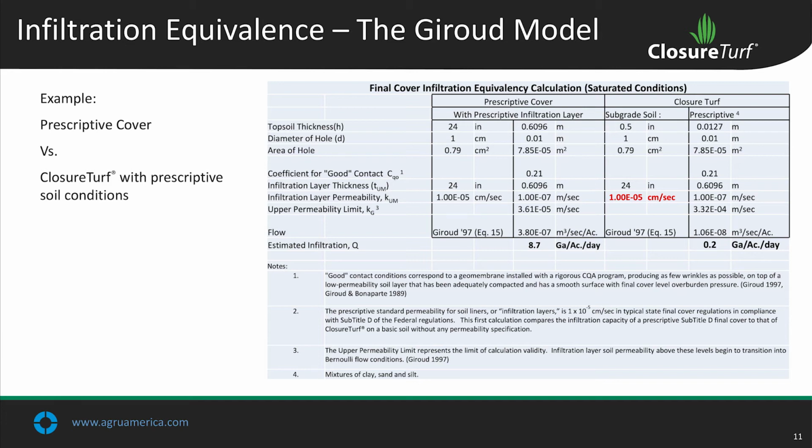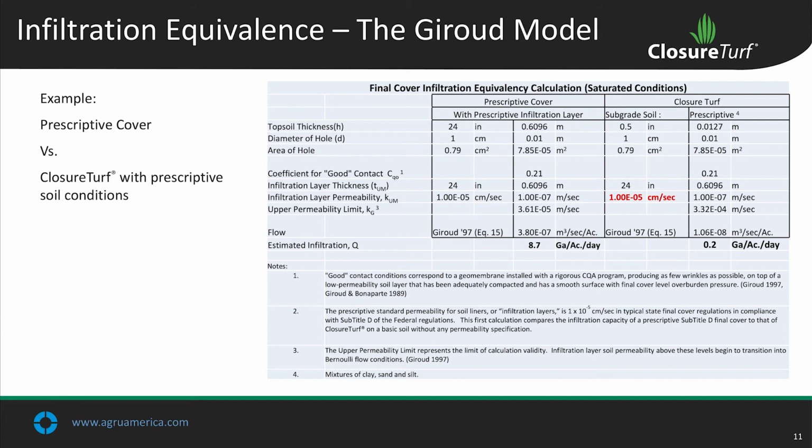Good contact corresponds to a geomembrane installed with a rigorous CQA program, producing as few wrinkles as possible on top of a lower permeability soil layer that has been adequately compacted with a smooth surface and final cover level of overburden pressure.